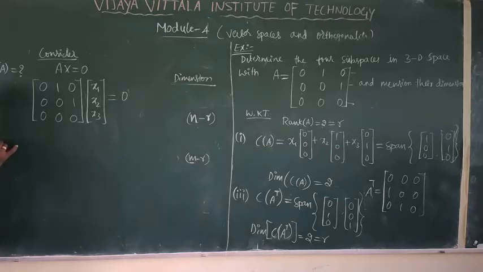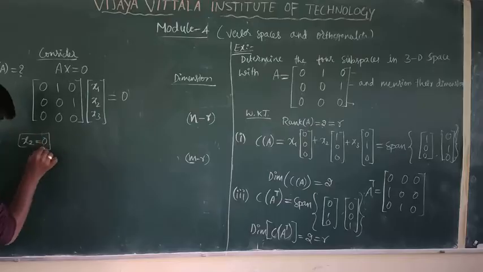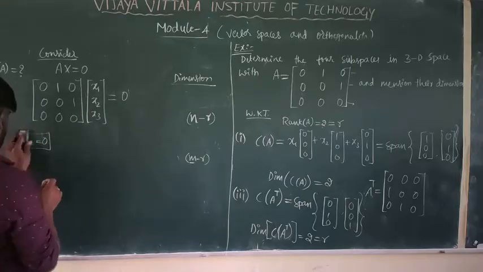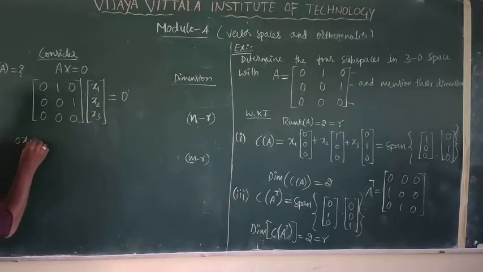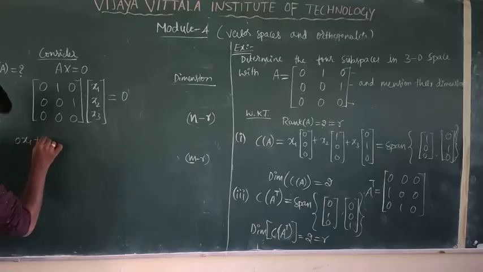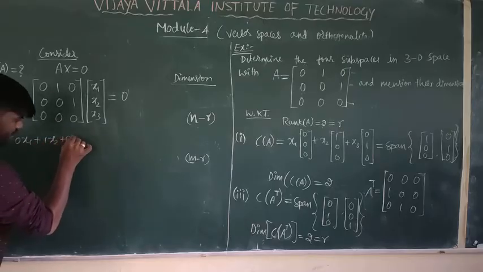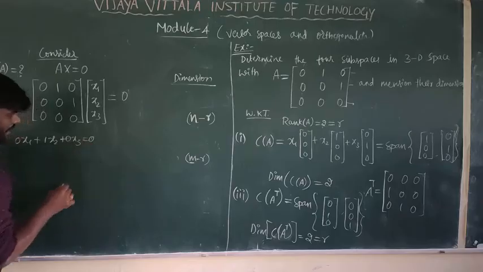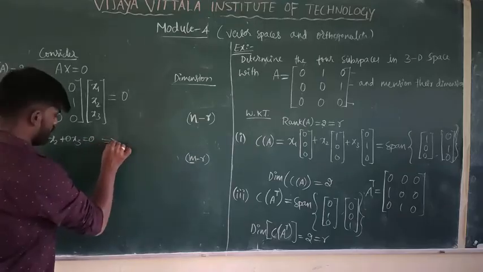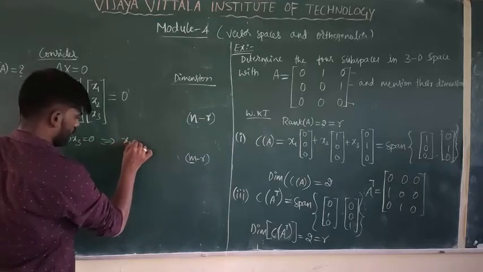Multiplying these two matrices, we get 0x1 plus x2 plus 0x3, and so on. Therefore, from the first row, 0x1 plus 1x2 plus 0x3 equals 0, which implies x2 is equal to 0.